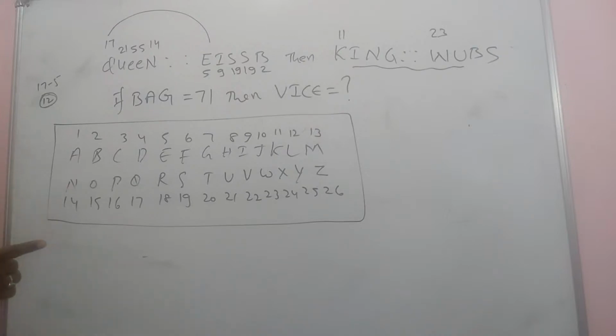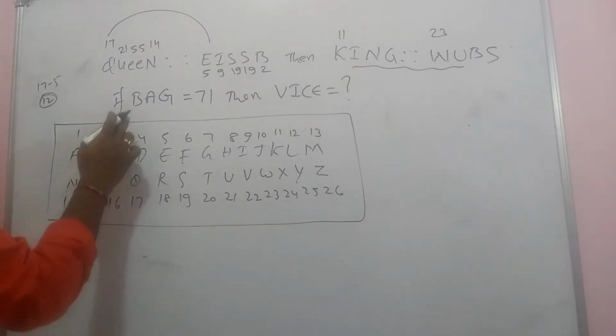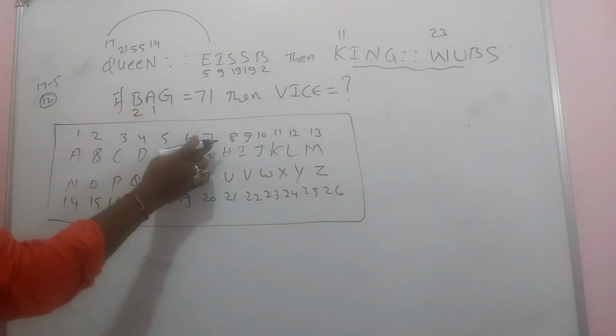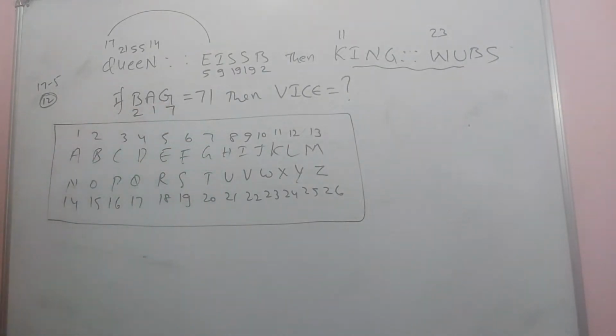If I want to know this, the simple thing is I have to see B is how much, here 2, A is how much, 1, G is how much, 7.